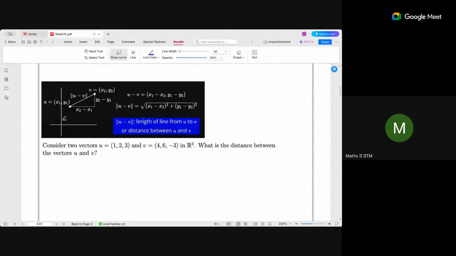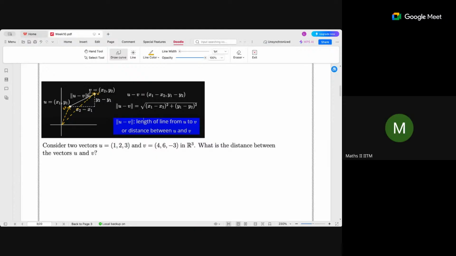So see, how do you calculate distance between two vectors in R2? Just recall. Suppose you have a vector u and you have a vector v. So this is your vector u and this is v.